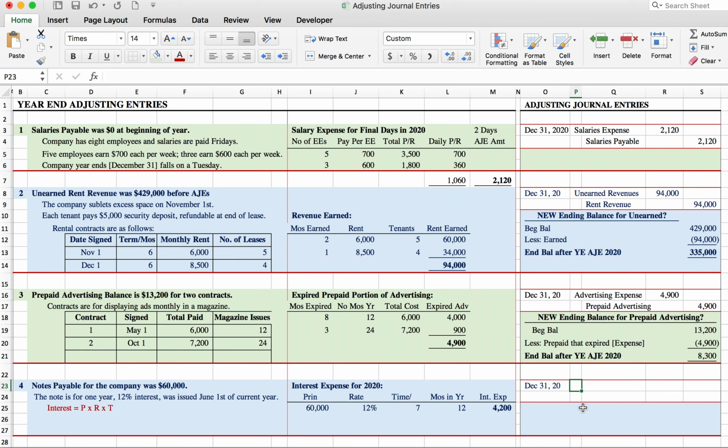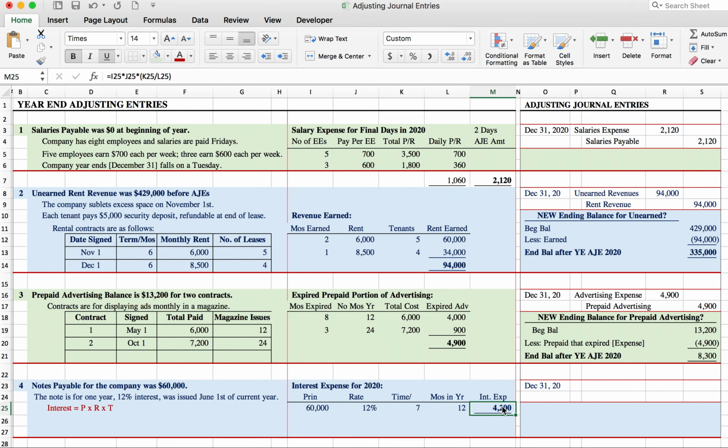So what is the entry that I make? I'm going to debit interest expense. Again, interest is the cost of money, and during the year 2020, this is the cost of the money. That's important. And then I'm going to credit interest payable, which means that I owe this amount, that's accrued interest, 4,200. That is the end of my adjusting entry.